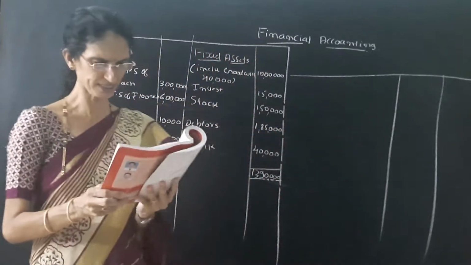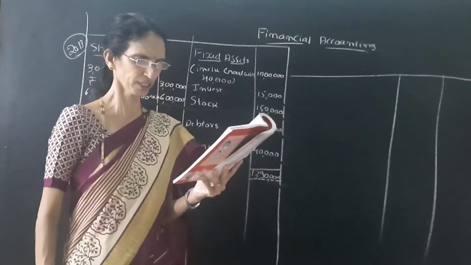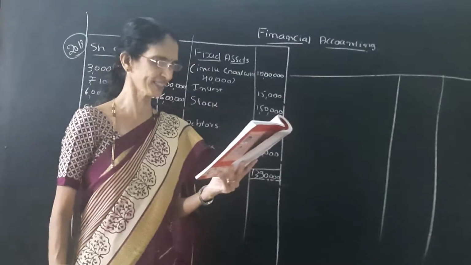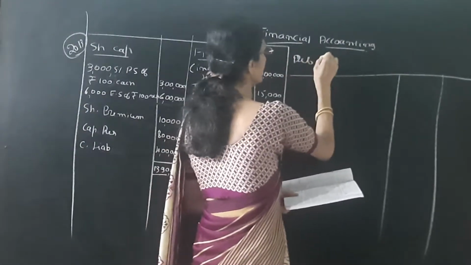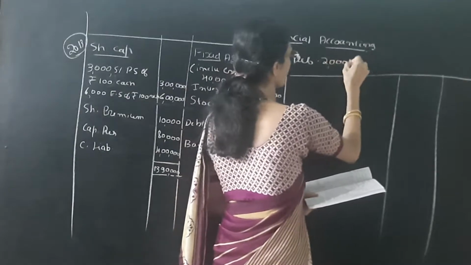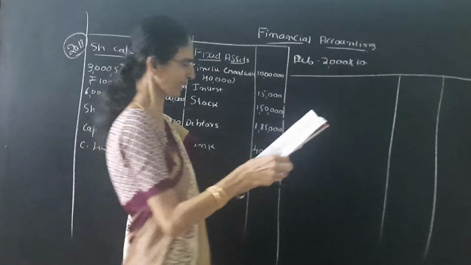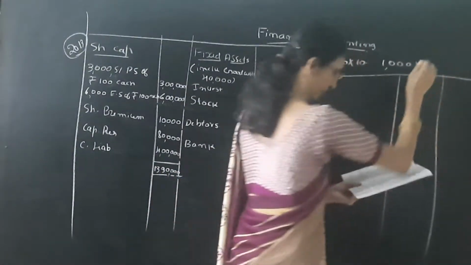The first adjustment is the preference shares are to be exchanged for 2000 10% debentures of rupees 10 each and 1000 equity shares of rupees 60 each.